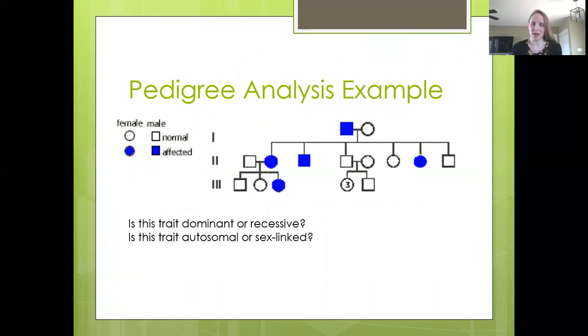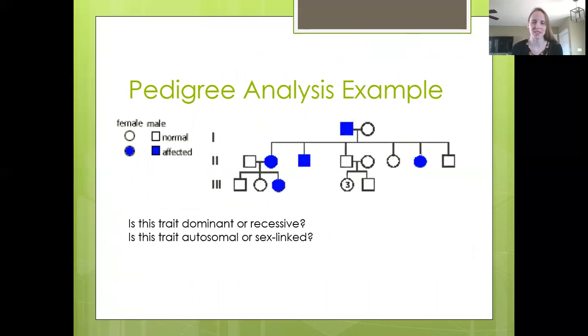So let's do some practice questions here. In this example, you can see that we have 2 males that are affected and 3 females that are affected. That's roughly half and half. So because of that, we would assume that it's autosomal, not sex-linked.